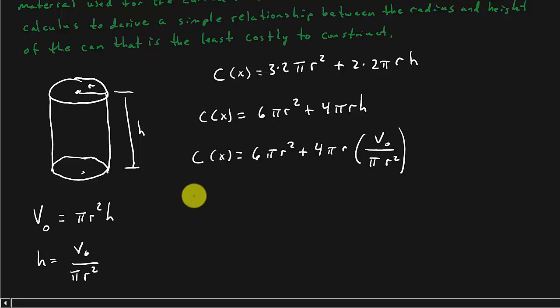All right, so that's going to give us C of x is equal to 6 pi r squared plus, and then let's see, that's going to be 4 V naught over r.